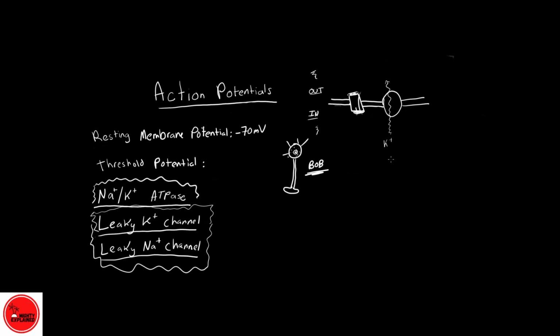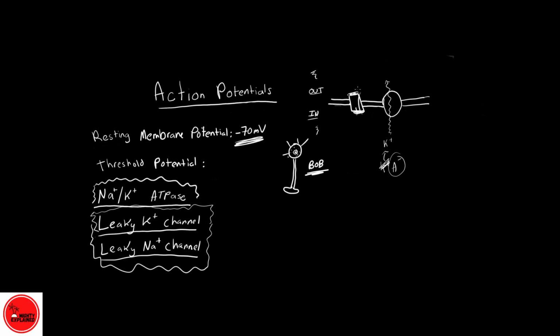Now, when potassium is inside, it's usually attached to something negative, an organic anion. So when it leaves this way, it's going to leave this behind. And what's that going to do to the inside of the cell? Yeah, it's going to make it more negative. So that is another contributing factor to making the inside negative.